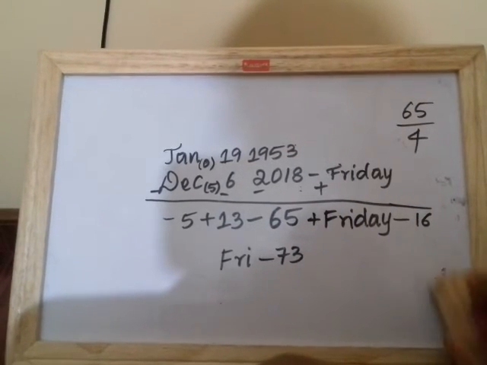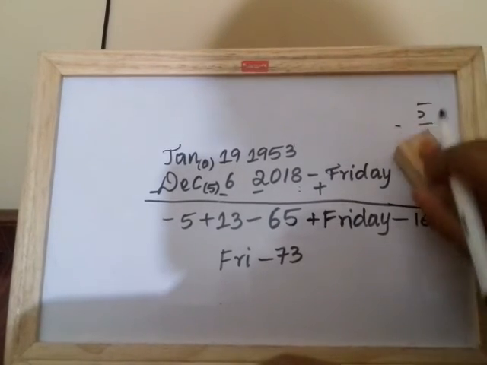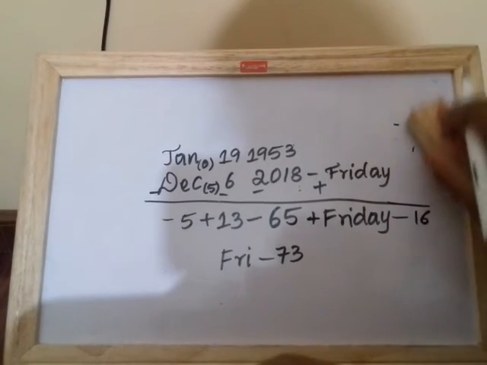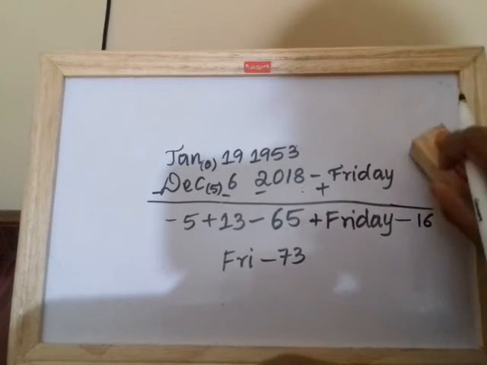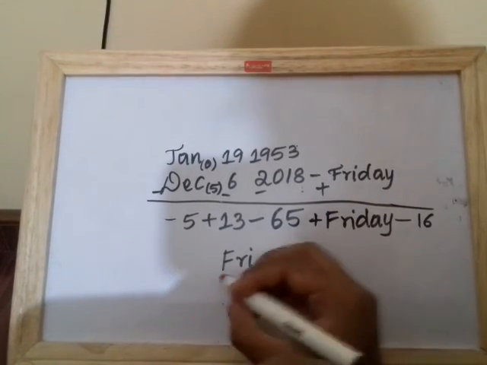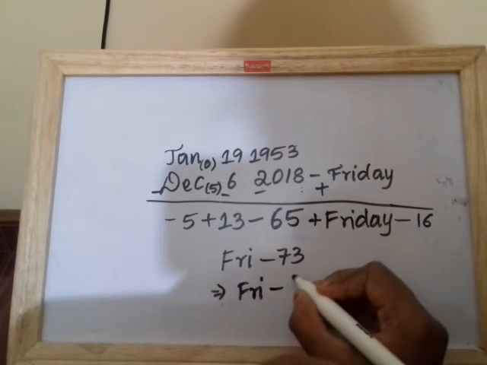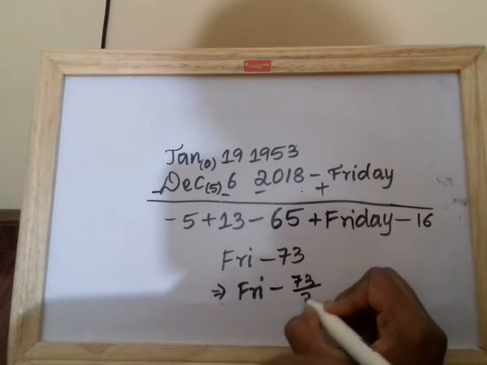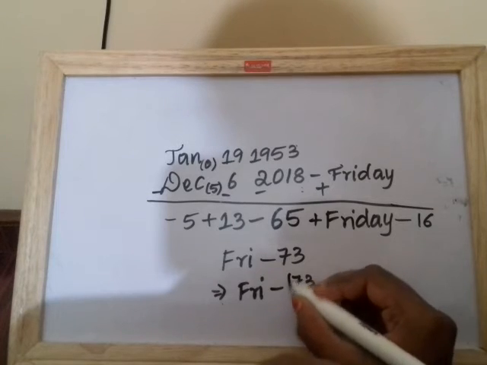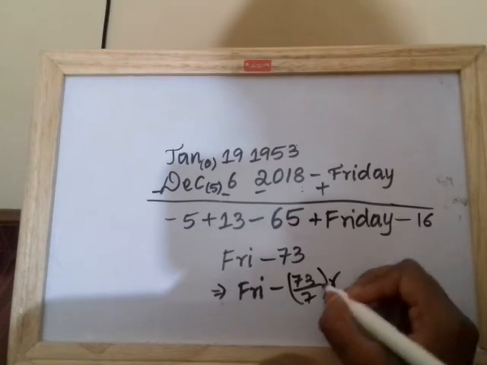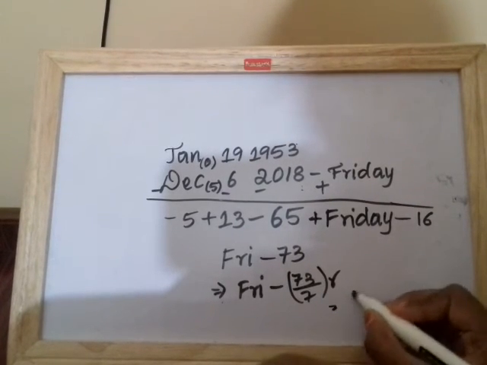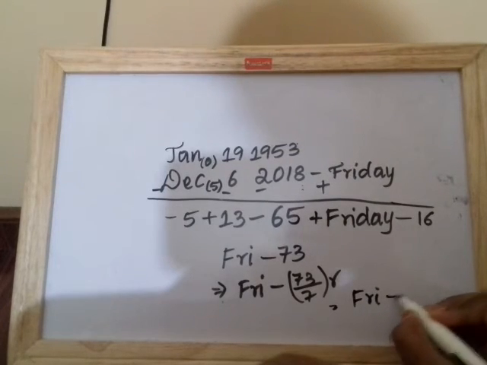Now you can divide 73 by 7 so that the weeks get removed and the odd days are left out. So it can be Friday minus 73 by 7, and we need to write the remainder. So Friday minus 3.